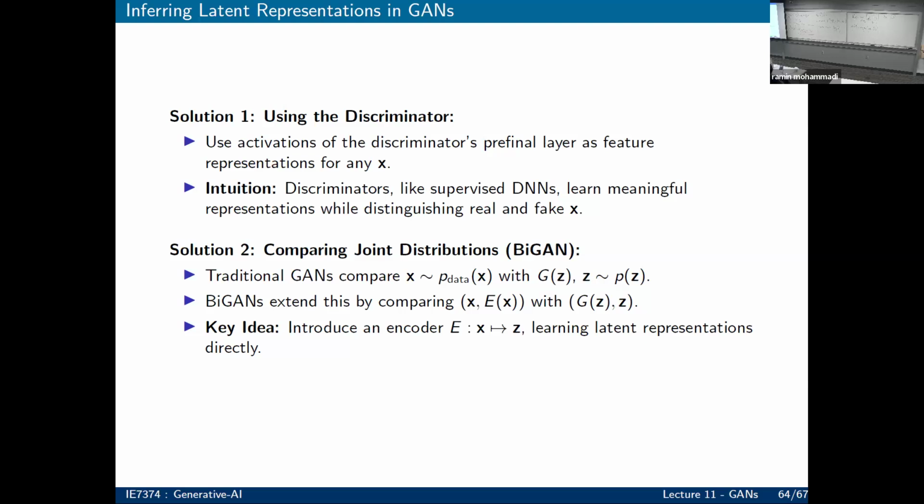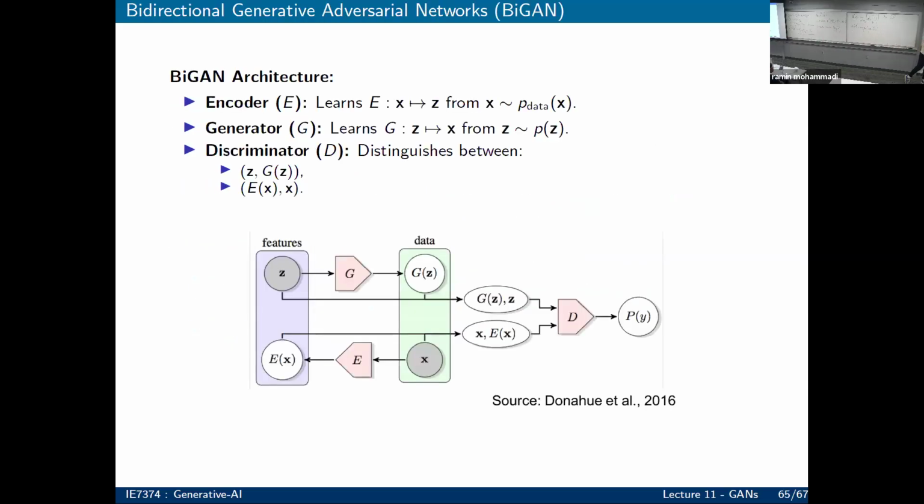That introduced this BiGAN scenario, and this becomes the idea. You still have the generator part, the same thing on top. Then you have this encoder here, so your data goes in this direction, but there is also one encoder that gets your data and creates some encoding, some embedding.